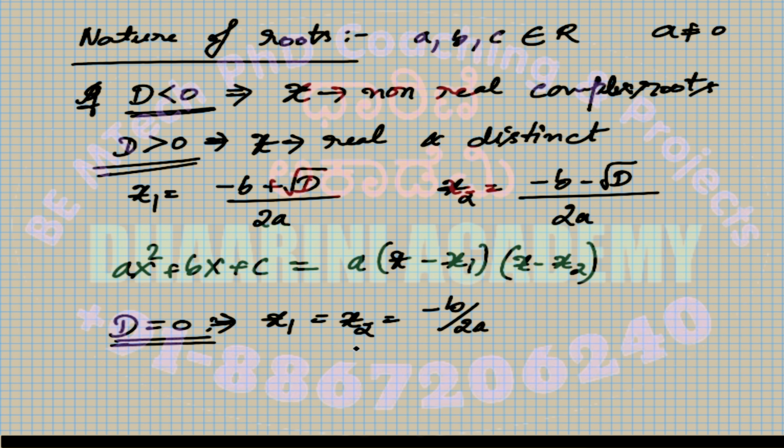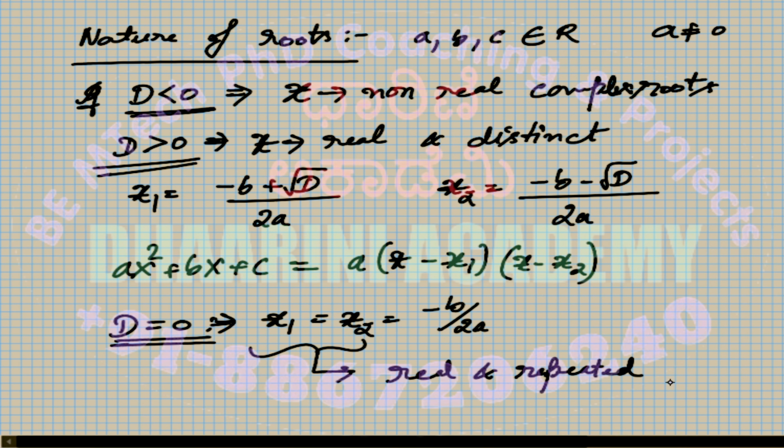So when both roots are same, we are calling it real and repeated roots.